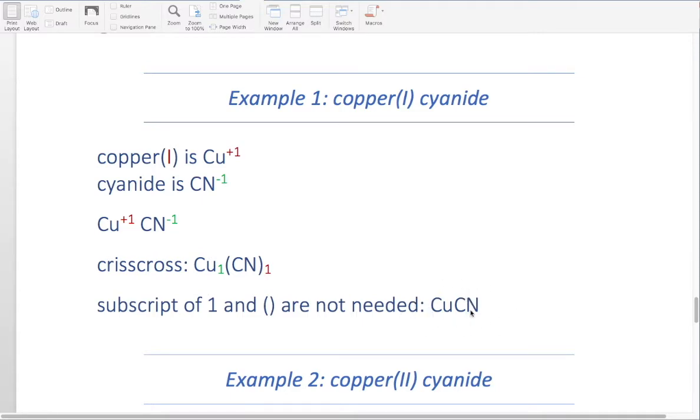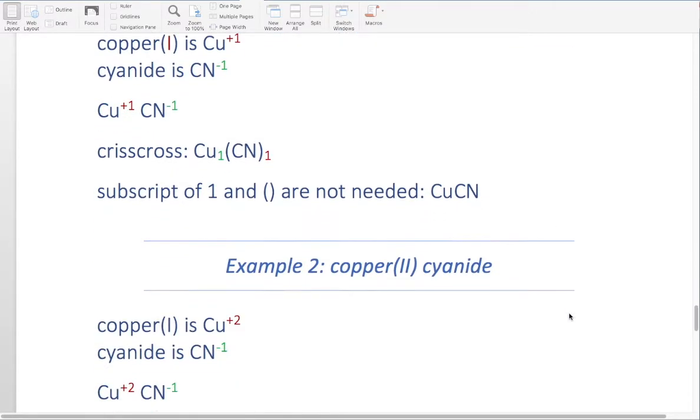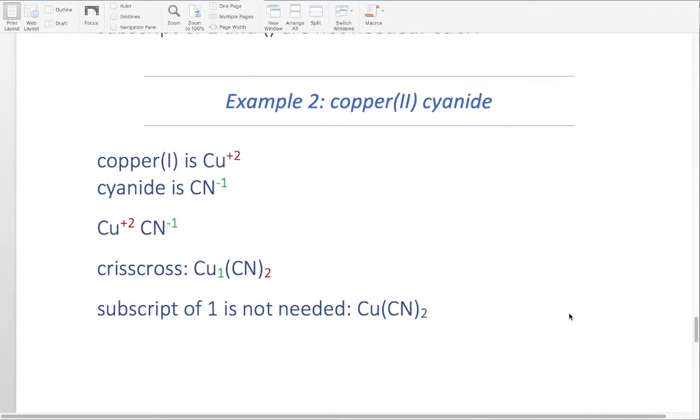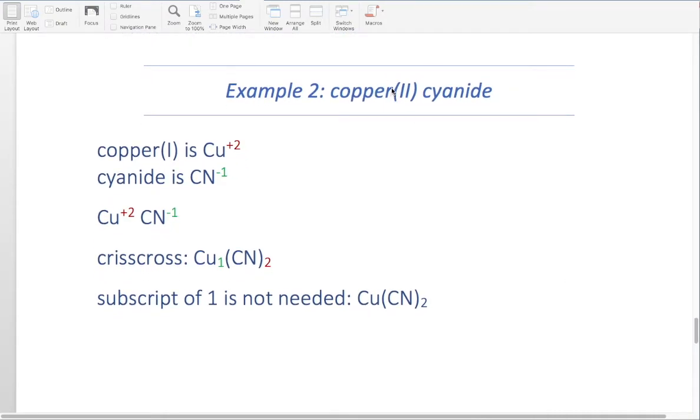And that happens to be the same as what I was saying not to do, which is one copper and one cyanide. Just by coincidence, this one works out that way, but you'll see here this second one does not. So copper(II) means copper with a +2 charge, and cyanide again, because cyanide is always -1.